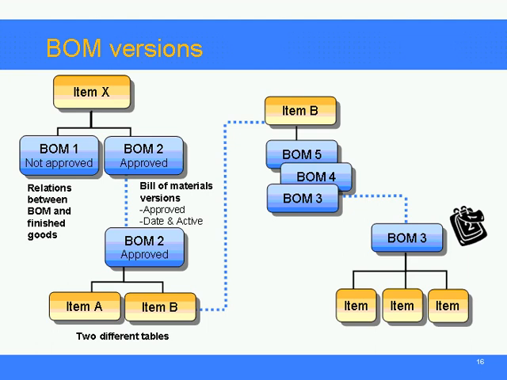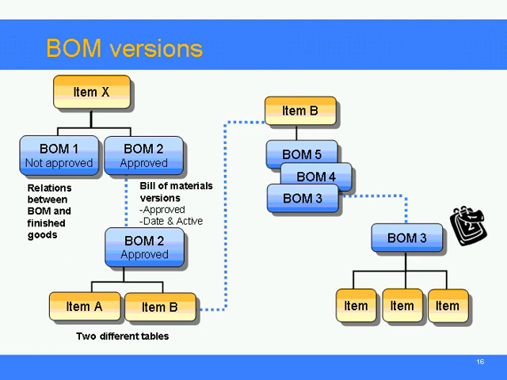So here you see the picture of BOM version. An item in Dynamics AX can hold multiple versions of a BOM. It is possible to keep track of all versions by adding an expiry date on a given BOM version. For development purposes, a BOM cannot be used until it has been approved.